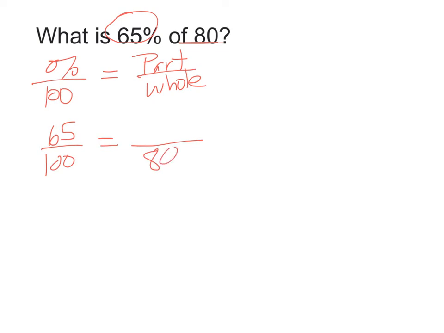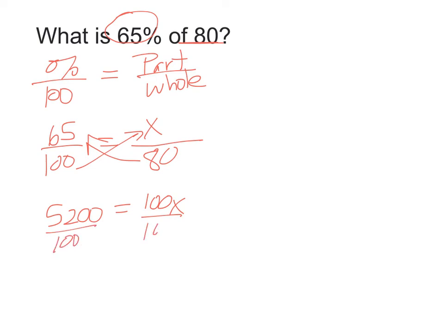So 80 is on the bottom. And that leaves the part, which we don't know. So we'll call that our x. When we do our cross products, 65 times 80 is 5,200. 100 times x is 100x. We divide both sides by 100, and x is equal to 52. So 52 is 65% of 80.